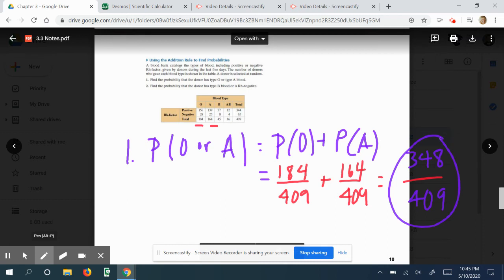Now, the second one says the probability that you get blood type B or Rh negative. If you think about it, you can be B negative, but you can also be A negative, O negative, all those things, right? So this one is not mutually exclusive, and we have to subtract the overlap.